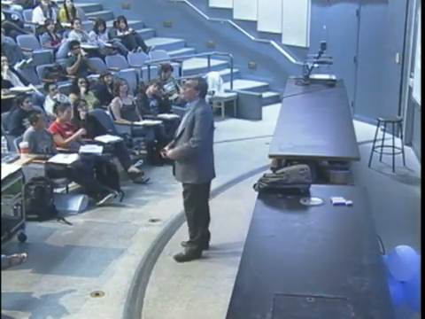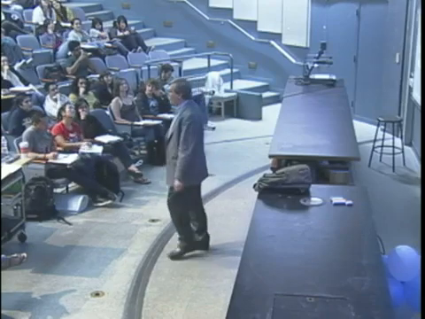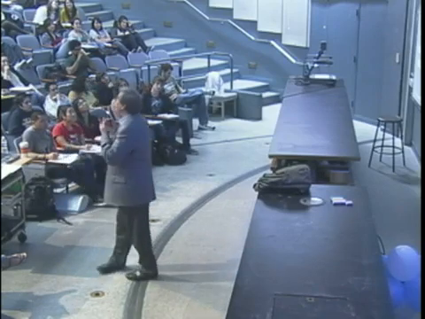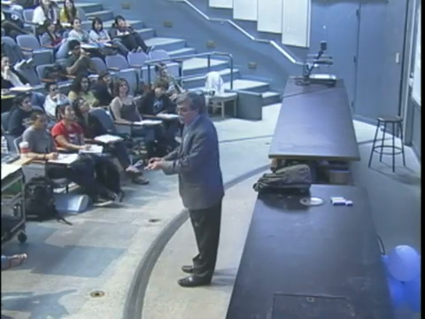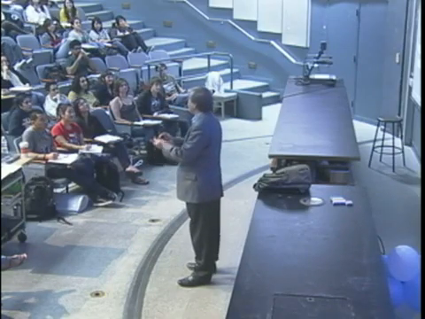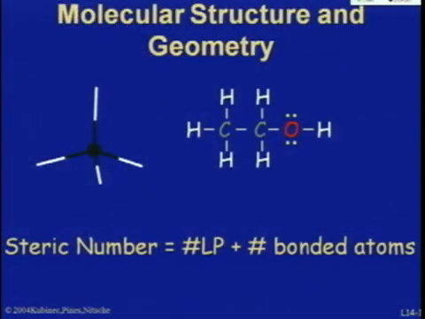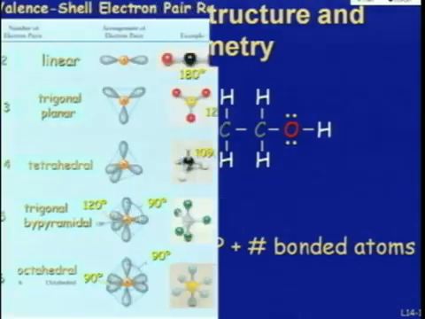And now I'm going to give you some rules under this valence shell electron pair repulsion theory that will help you go from the Lewis dot structure, and then apply VSEPR to the dot structure, and then you can tell how this looks in 3 dimensions, how this looks in space, for any compound. And so let's get started with this.